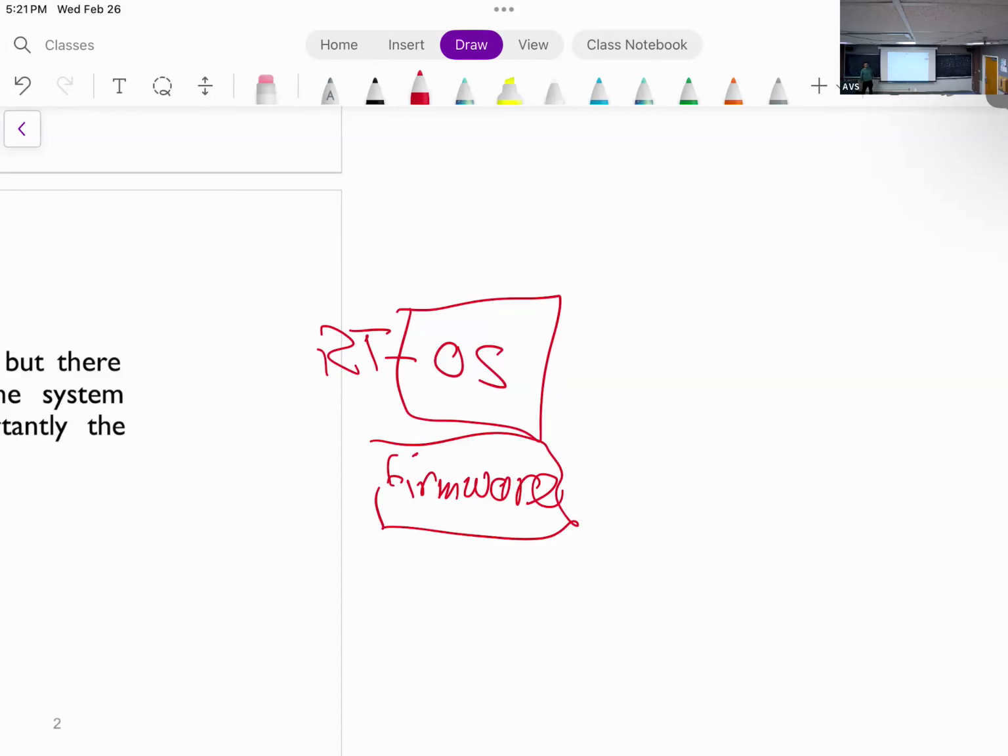In any case, you check the hash of that, make sure that it has not been modified, you load this, and then you start executing it.